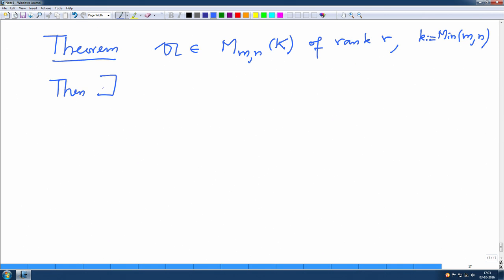there exist elementary matrices, many of them, B1 to Bp.